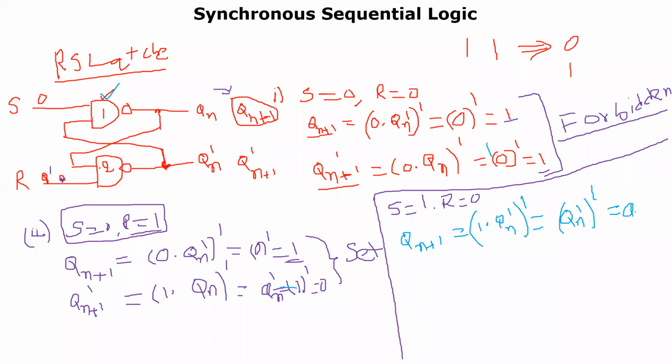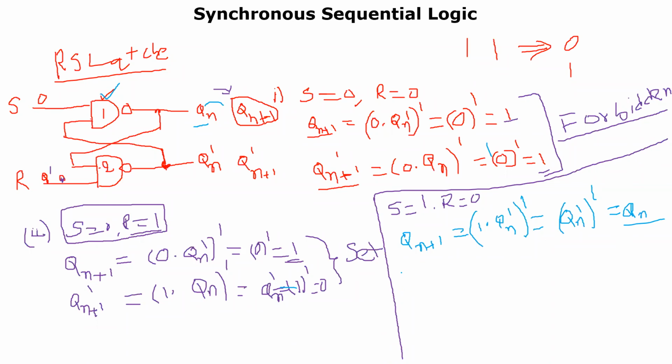That is A complement whole complement equal to A only, something like that. So whatever the previous state value, the same value has been continued here. So that is the meaning of this one. Whatever the previous state we have, Qn. So if you submit S equal to 1 and R equal to 0, same values are being continued. So if you come across this one, you should have the same kind of values here also.